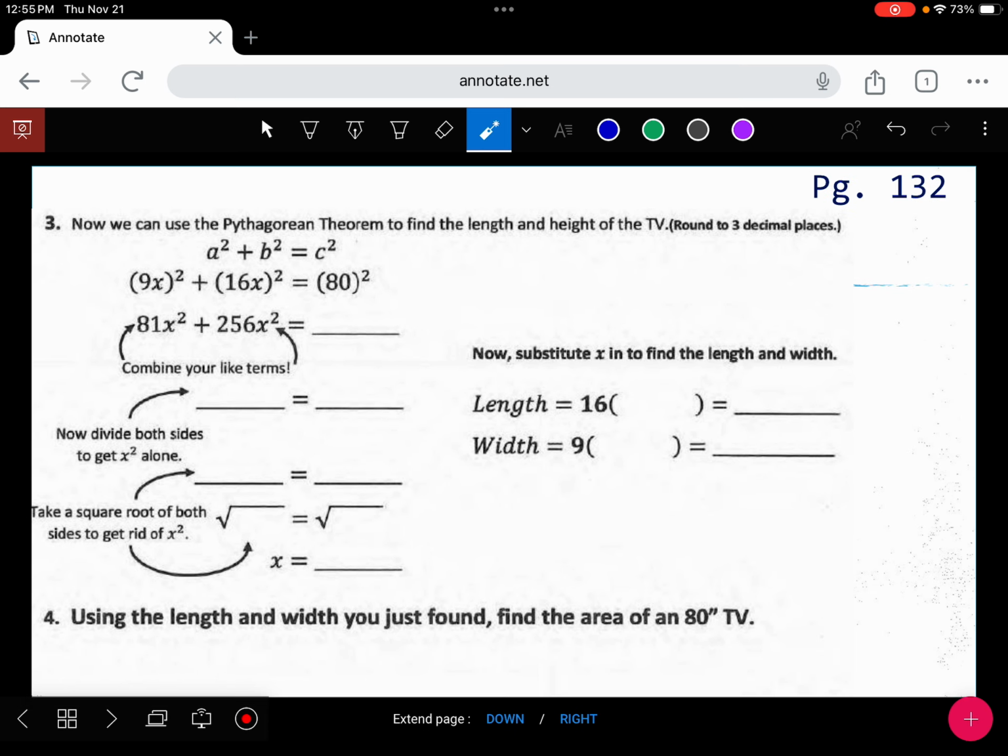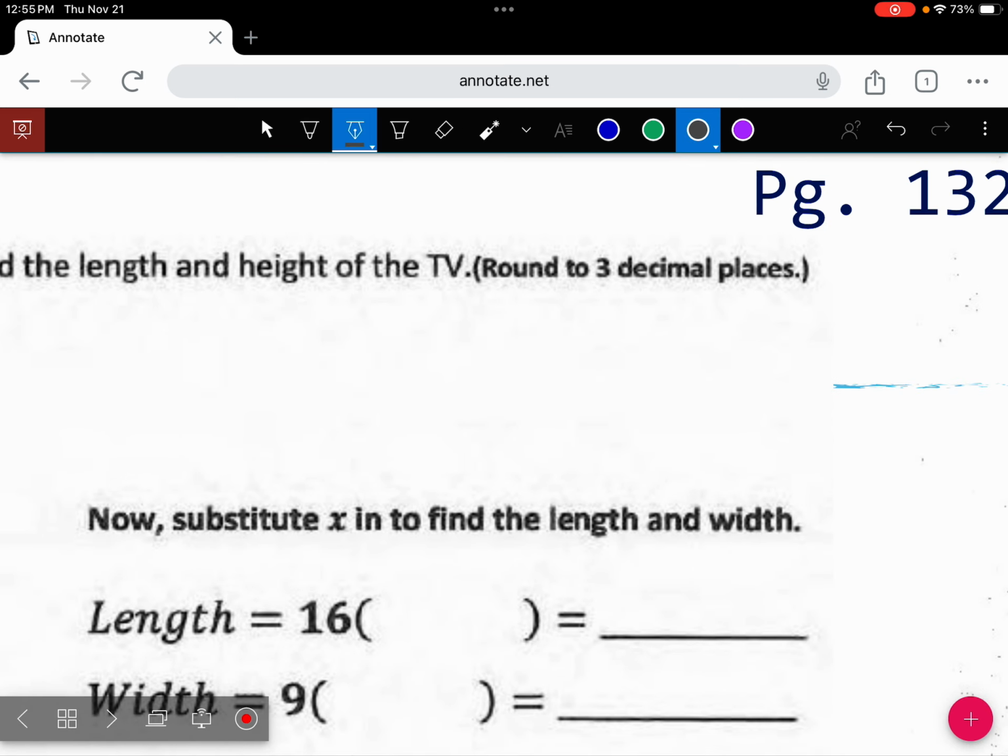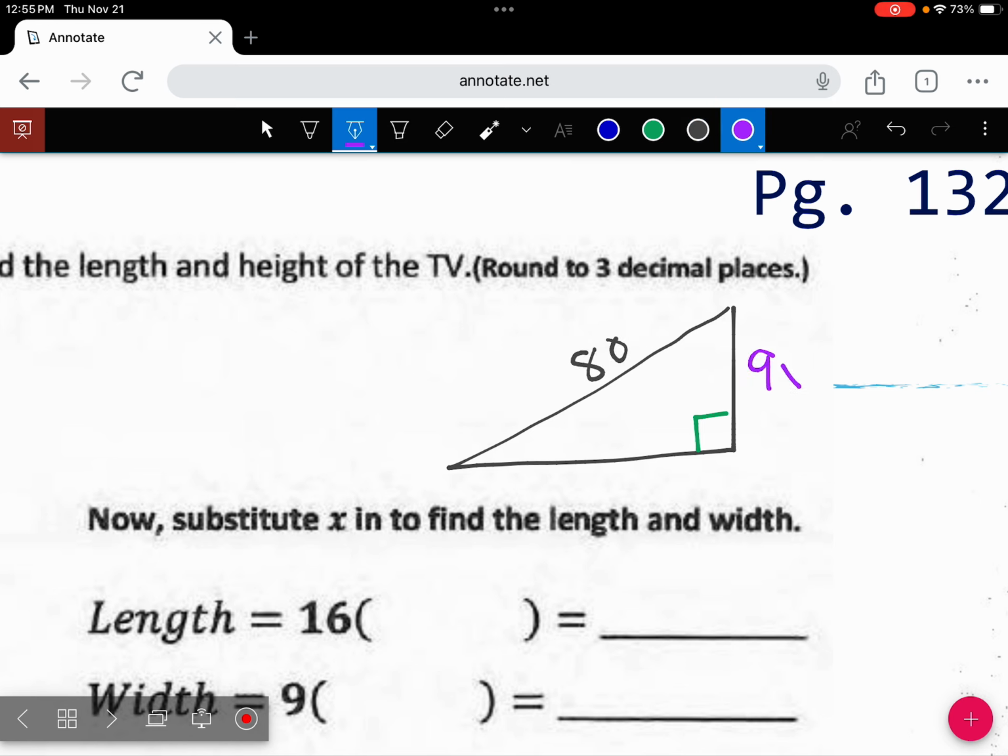Pythagorean theorem, when we're looking at a triangle. We've got our 80 here, our 9x, and our 16x. What they've done is decided that this guy's going to be the A in our Pythagorean theorem.